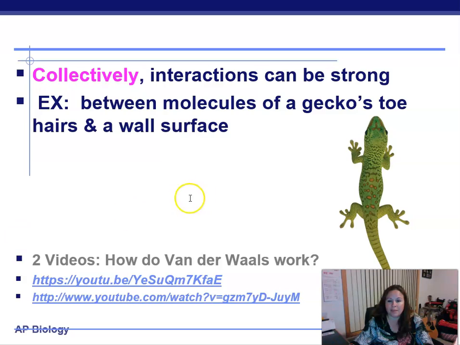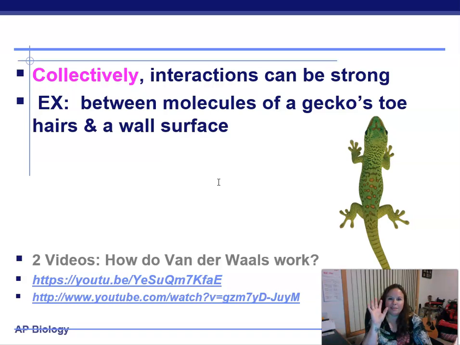Collectively, sometimes you get areas where you get the negative in his hand in one spot and the positive against the wall. If it was just one spot, that wouldn't be enough to hold him on the wall. But since he's got all this different surface area material on his hands, all these hairs, he can stick to the wall because of the collective interactions of all these van der Waals.